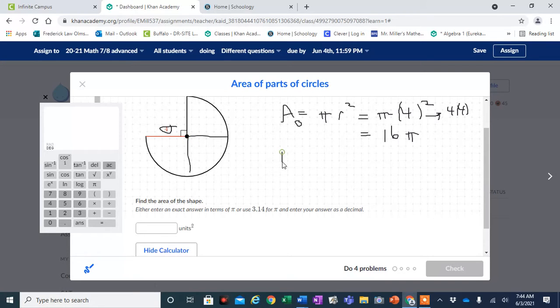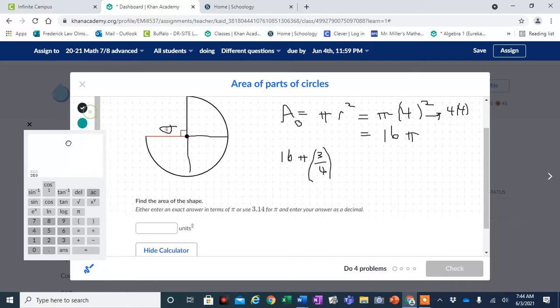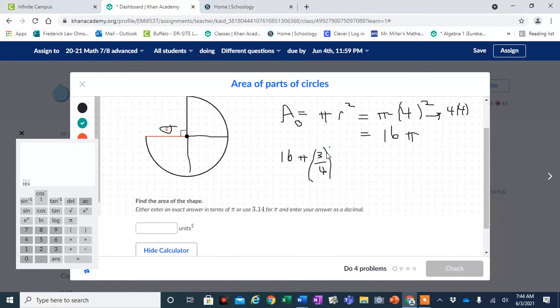So we could now multiply 16 pi times 3/4, or I would view this as 75%, meaning I would probably multiply by 0.75 instead.